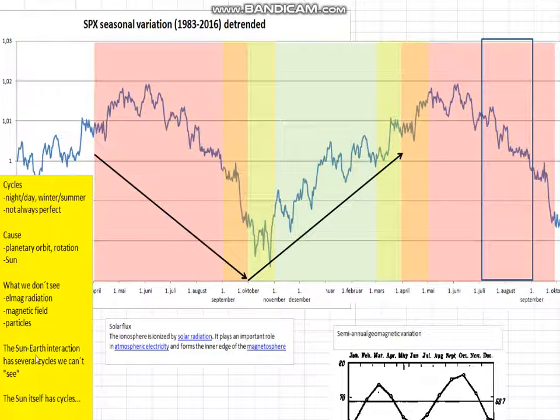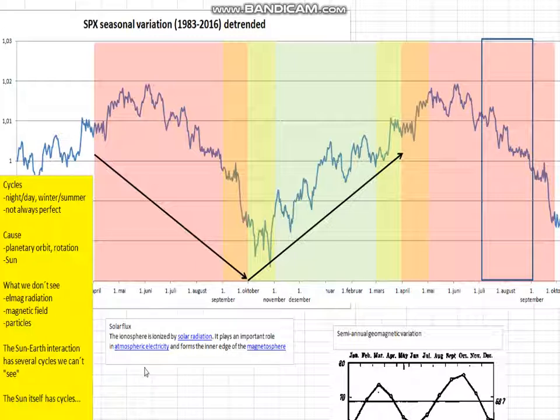So we have some interaction cycles with the sun, and many of those we can't see and feel that well. Also, the sun itself has cycles, but we won't get into that today.